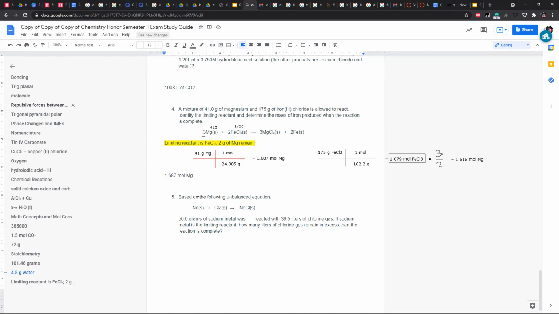So now this is really useful information. Now we're able to figure out which one is the limiting reagent and which one is the excess reagent. So we want to compare this figure right here with this one. Oops, I meant to make this into the thing we're missing, iron 3 chloride.